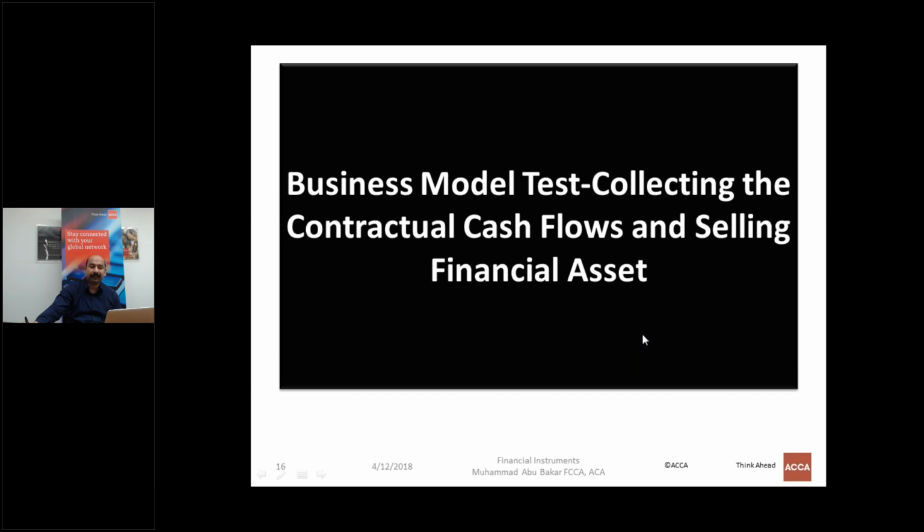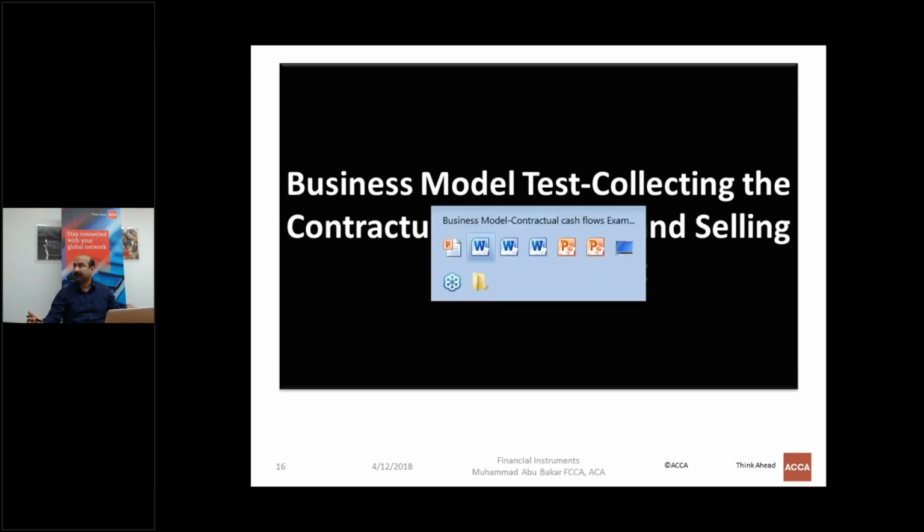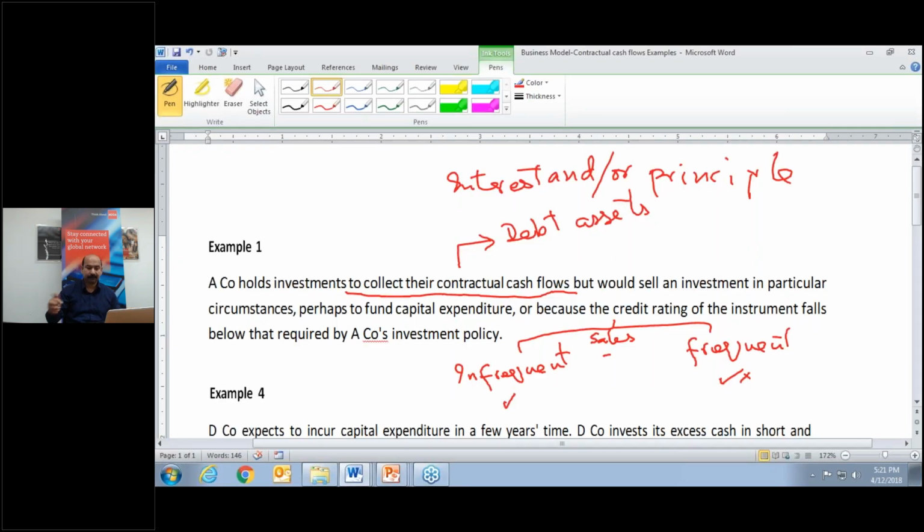If this test is satisfied, then you are required to measure your asset at fair value through other comprehensive income. Okay, let's discuss with the help of example 4. Here is example 4.